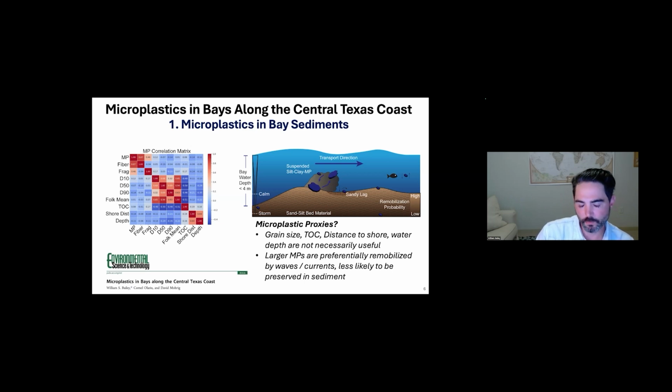And thus, when we introduce any sort of currents driven by wind in this particular environment or storms, they would be preferentially remobilized and put into the current and transported in the orientation of the currents. And in this scenario, we have a prevailing onshore wind 10 months of the year. And this can explain why we see more microplastics along our shorelines within the bays.